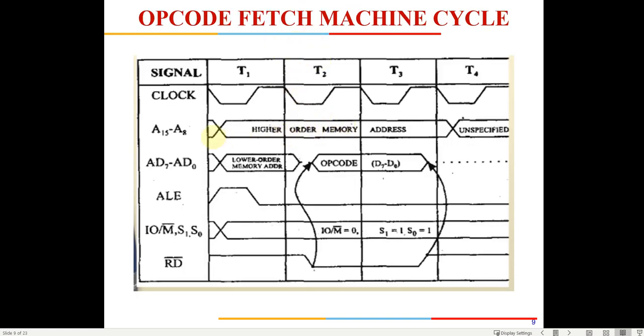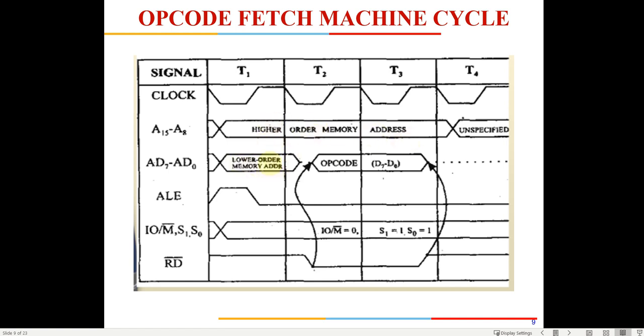How is it done? First you place the memory address onto the bus lines, from A0 to A13, during the first clock. It is similar to the memory read operation which we learned earlier. So we place the address on the bus.